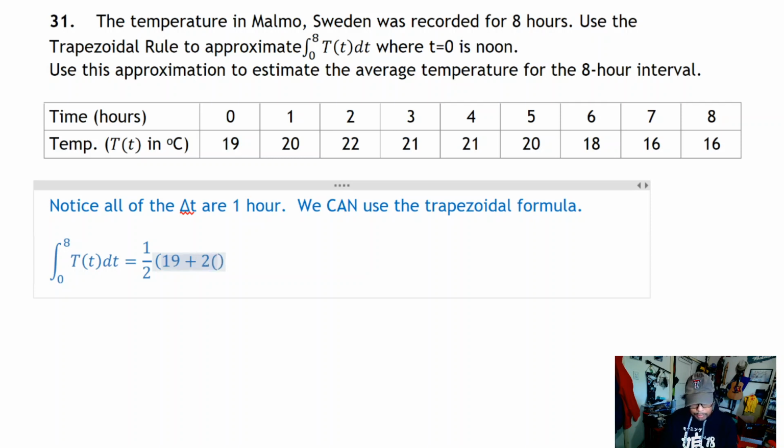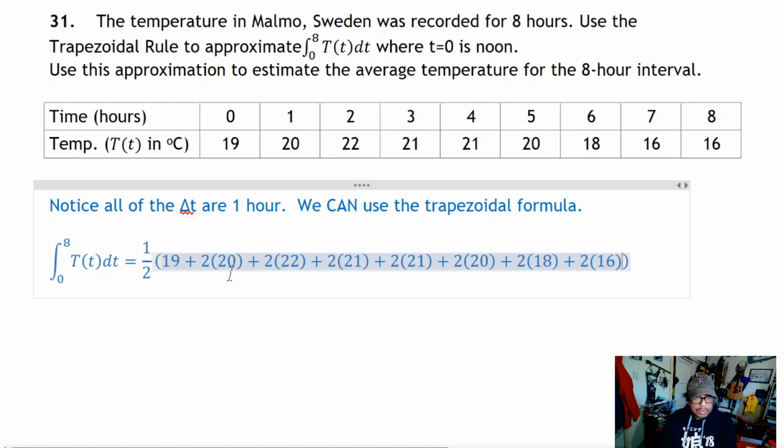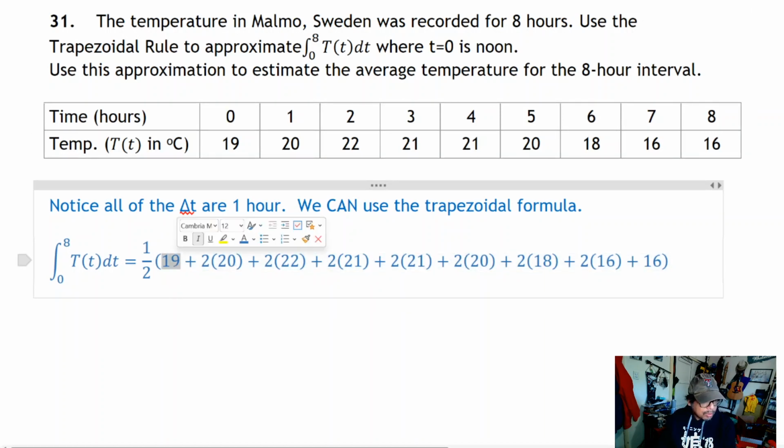So 2 times 20 plus 2 times 22, 2 times 20, 2 times 18, 2 times 16. And now we've reached the right of the interval, so I don't need to multiply that one by 2. Basically, all of the interior values are multiplied by 2. The only ones that are not multiplied by 2 are these exterior ones.